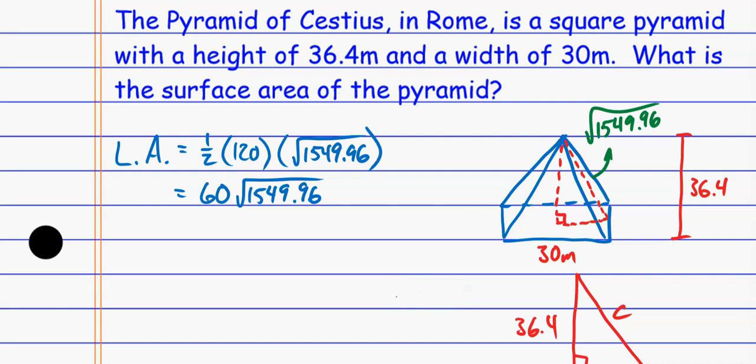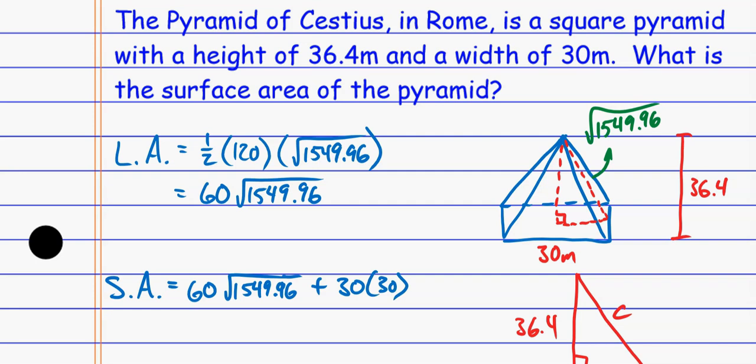I want to make sure I have the entire surface area, and then I'll plug them both in at the same time. So the surface area is just that lateral area plus the area of the base, and the area of the base is just 30 times 30 for that square, or 900.